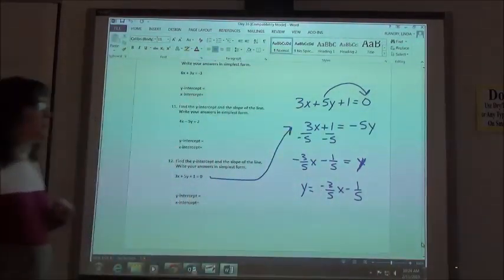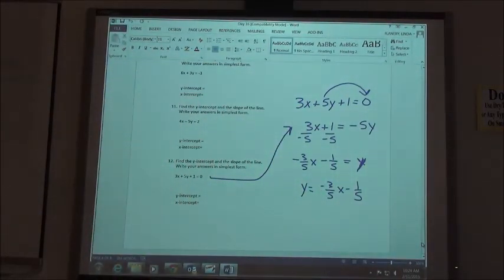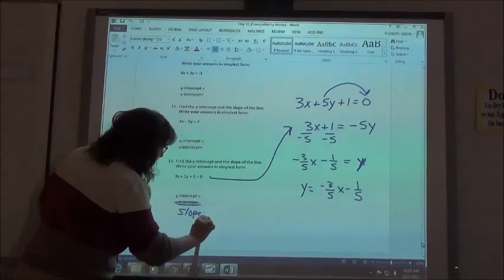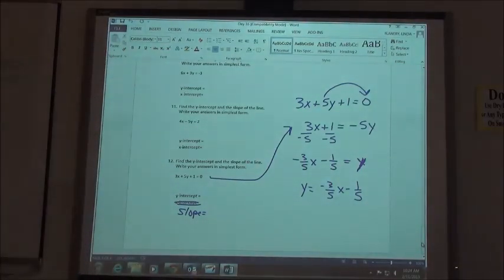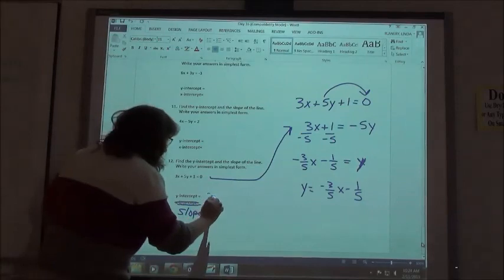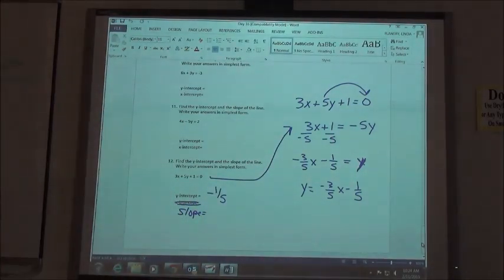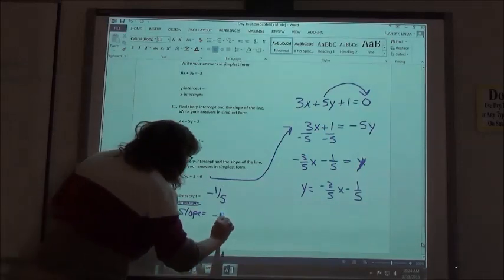I switch it around so it looks pretty. So my y-intercept would be, don't forget the sign, -1/5. And my slope is going to be -3/5.